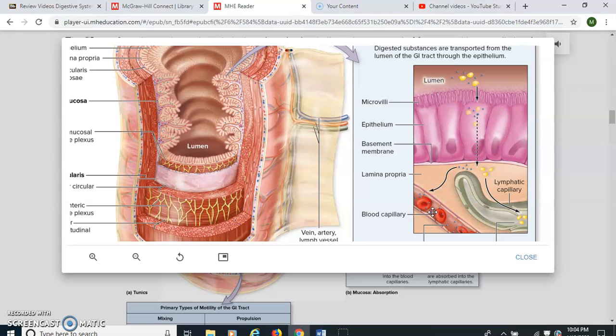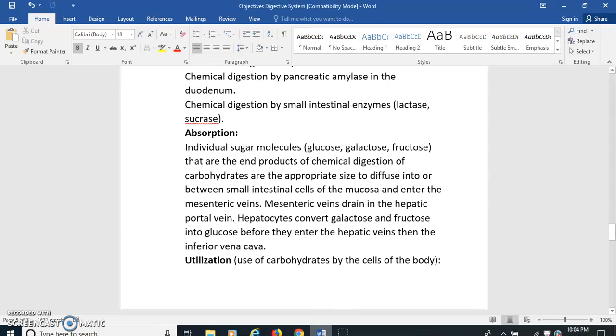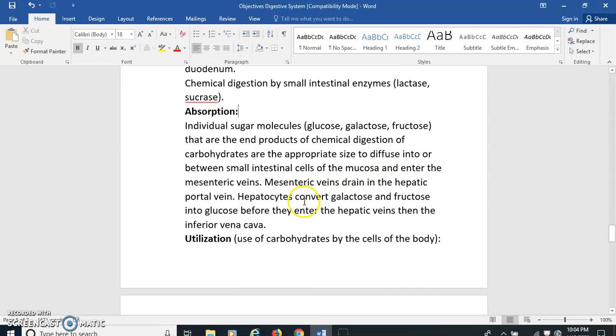And then from the hepatic portal vein, we're going to go into our sinusoids, where we have the hepatocytes lining there. And the hepatocytes will take any of the galactose and fructose and convert them into glucose. The reason they do that is because the cells in the body don't use galactose and fructose directly, they use glucose. So the liver hepatocytes will convert those nutrients into glucose.